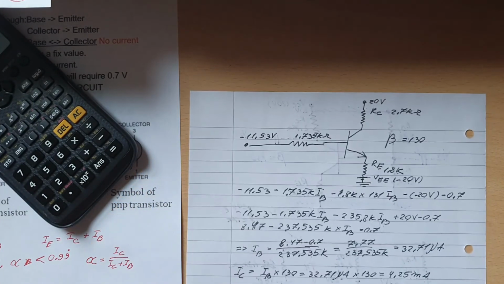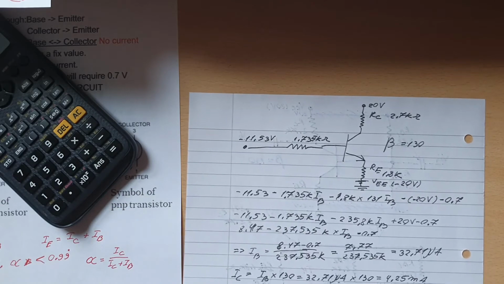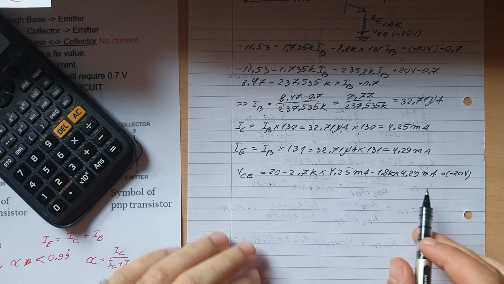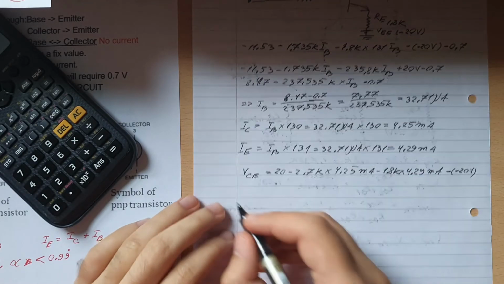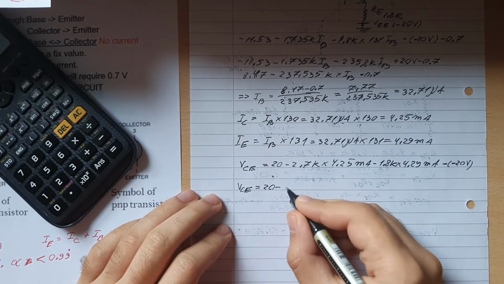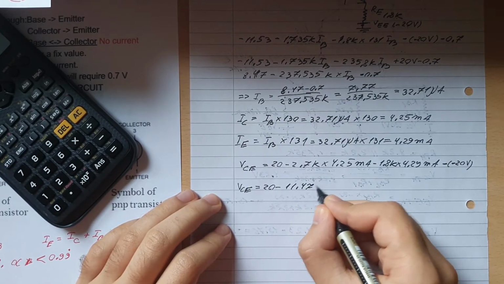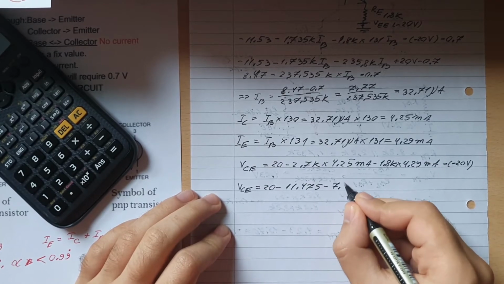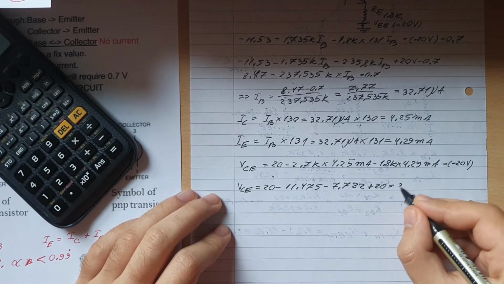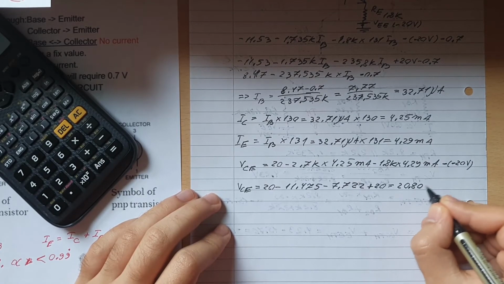If you don't, then I guess you didn't watch the entire videos, or you just skip through it. But anyway, after that calculation, we can rewrite it as VCE will equal to 20 minus 11.475 minus 7.722 plus 20, and that will be equal to 20.803.